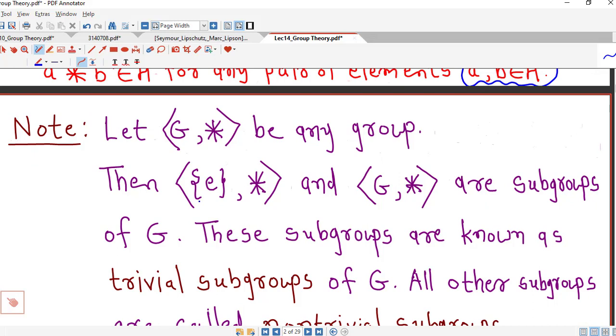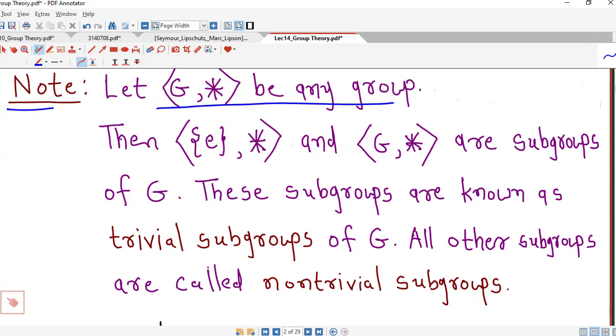Now we make one remark here. Suppose G is a group under the binary operation star, then it will always have these two subgroups. If we consider the singleton set with the identity element under the same operation, then it is always a subgroup of G, and G itself is a subgroup of G. So every group must have at least two subgroups.